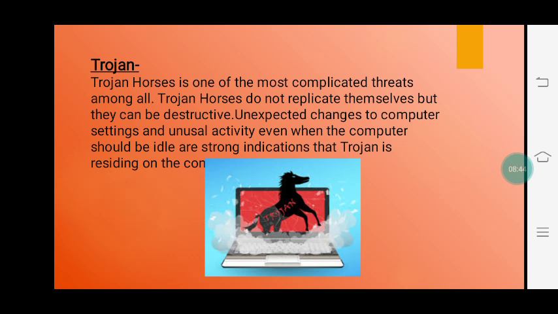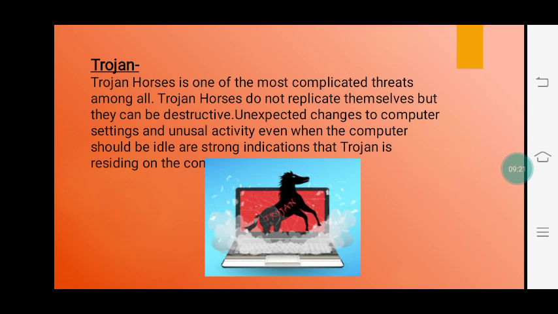Now let us see the Trojan horse or Trojan. Trojan horses is one of the most complicated threats among all. Trojan horses do not replicate themselves, but they can be destructive. Unexpected changes to computer settings and unusual activity, even when the computer should be idle, are strong indication that a Trojan is residing on the computer.